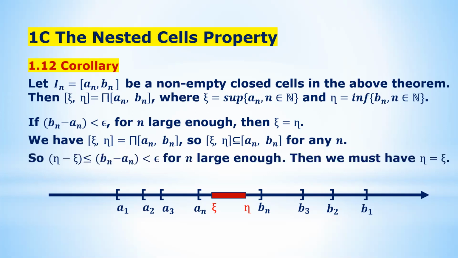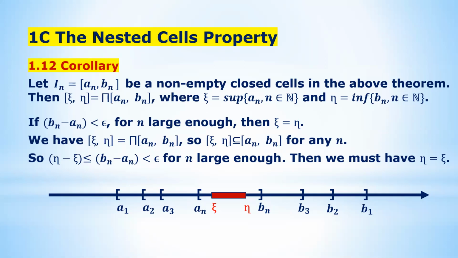So this indicates that the length of the left side, η minus C, must be less than the length of any interval in the sequence, which is Bn minus An.